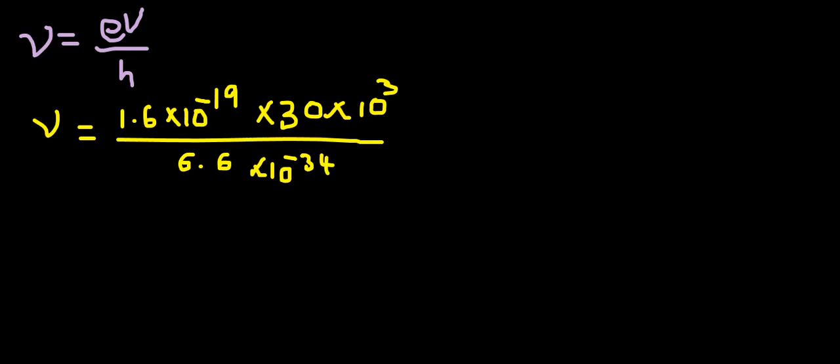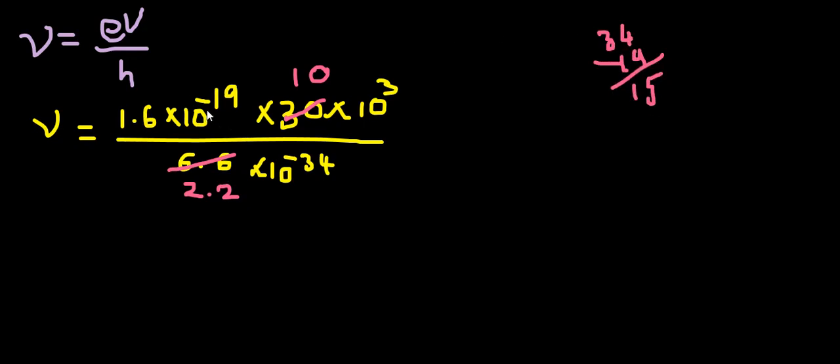Is there anything else to cancel here? Yes, 3 2s are 6, and 3 threes are 9, this is going to be 10 power 3. As well, 34 minus 19 is going to be 15.